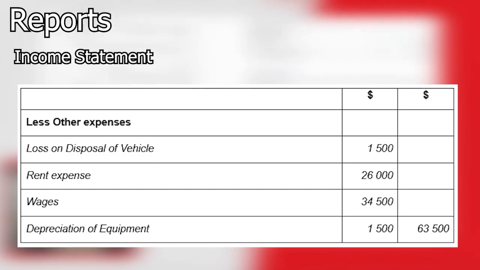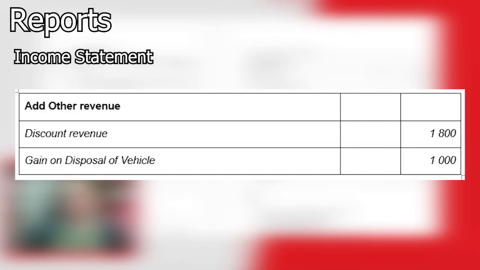What if it was a gain though? Well, if it was a gain, it would go into add other revenue, and you can see here that's the section it will go. So if you ever get a gain on the disposal of any non-current asset, other revenue is where it belongs. So those are the little aspects we just need to be aware of there.